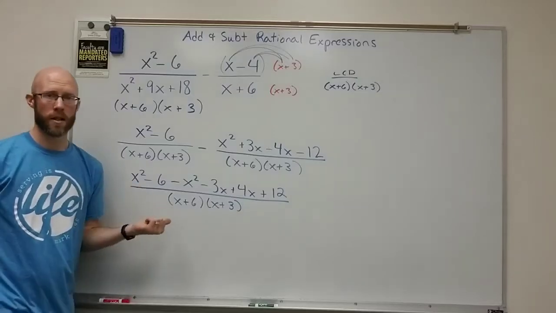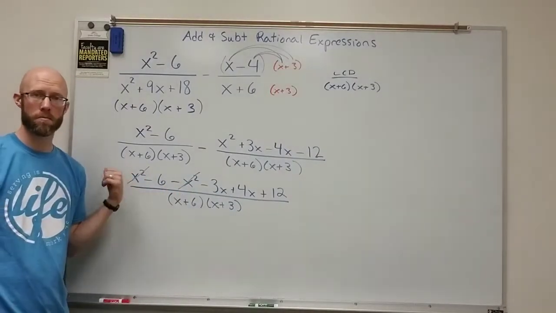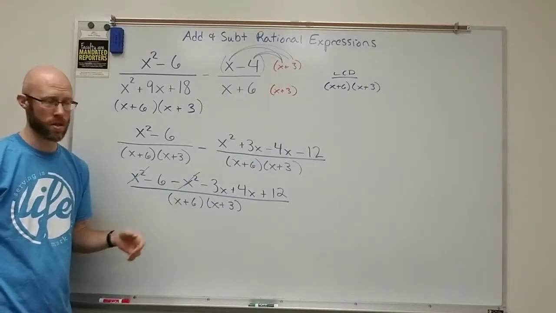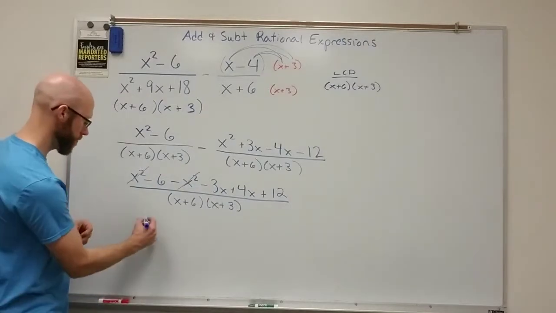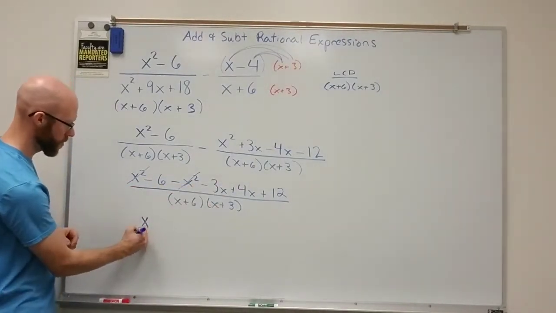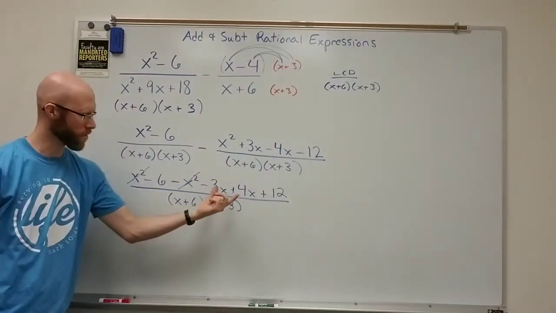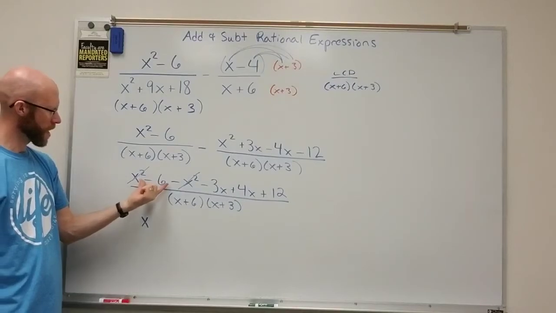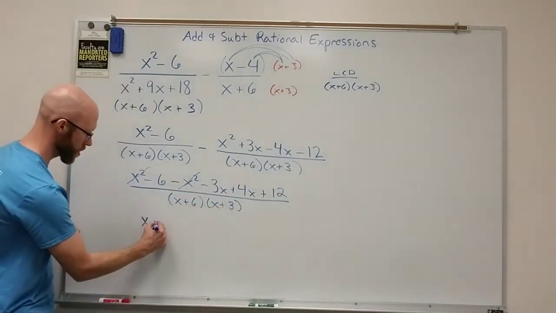And then we've got to combine like terms. Well, I notice that my x squareds cancel out, right? Positive x squared minus x squared is 0. My x terms, I'm left with just an x, right? Negative 3 plus 4. And then my constants are negative 6 plus 12, that makes it plus 6.